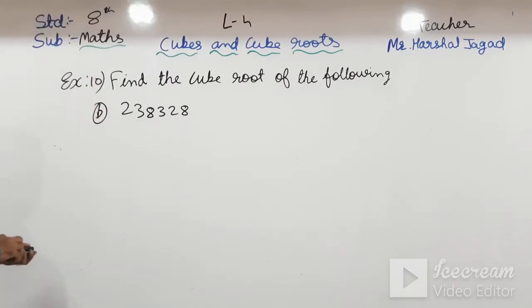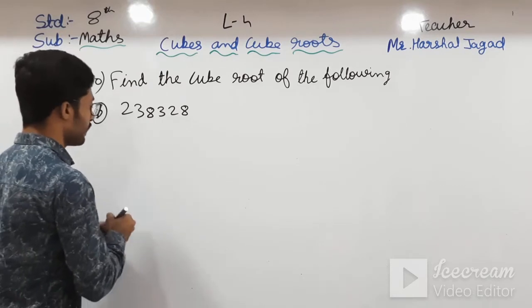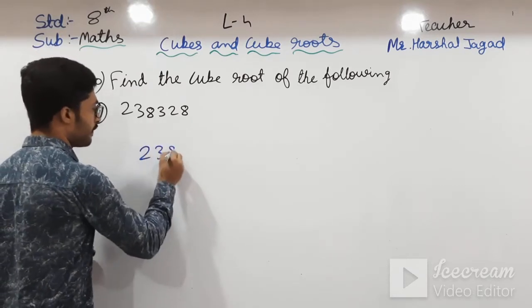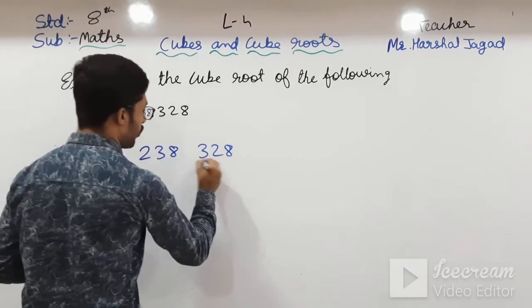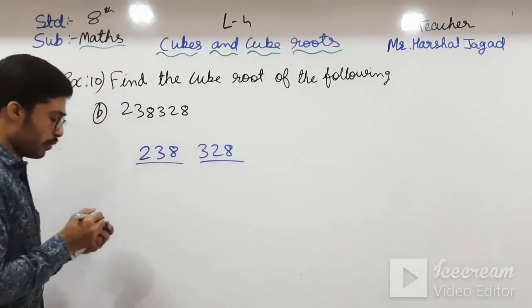So by making these groups, what will be the groups? There will be two groups. So these are the two groups, group 1 and group 2.